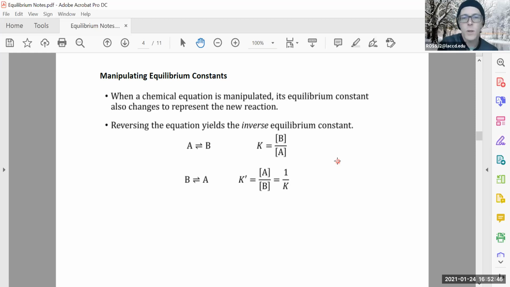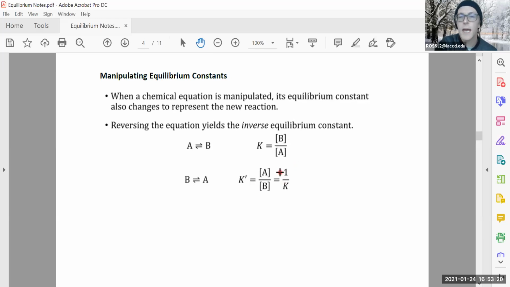We've got A at equilibrium with B, and as written, the equilibrium constant is B over A. Both A and B are order 1, so we have an exponent 1 for both B and A. If we take the reverse reaction, where we just flip B and A around, we can write a different equilibrium constant indicated by the prime. And it would obviously be the inverse.